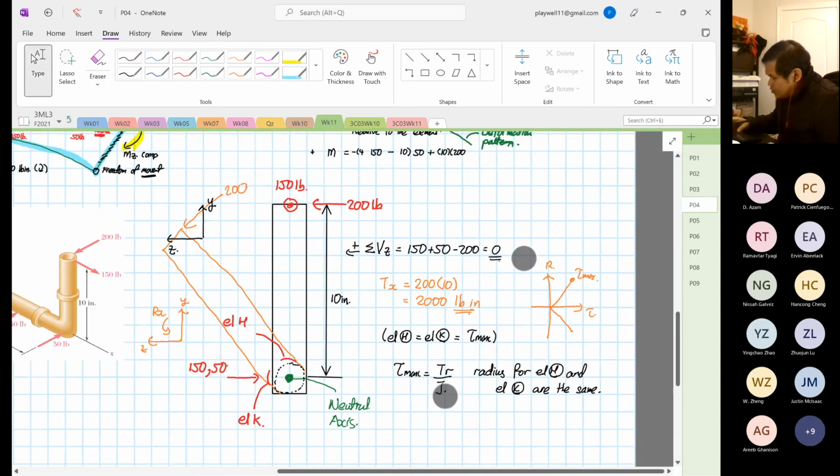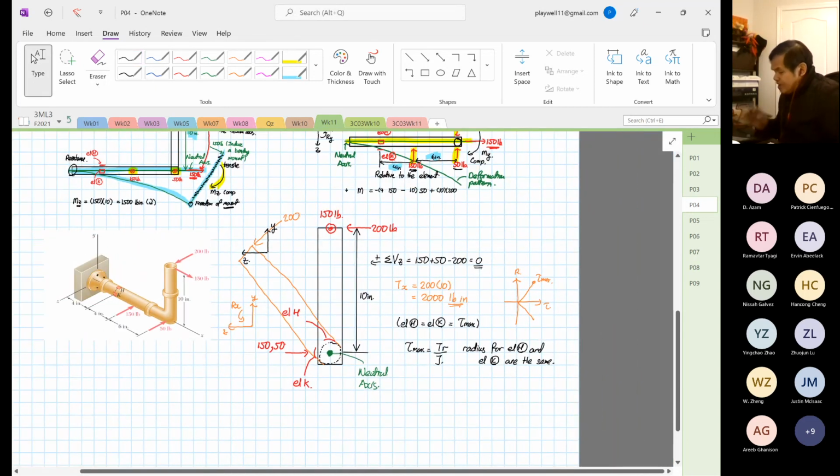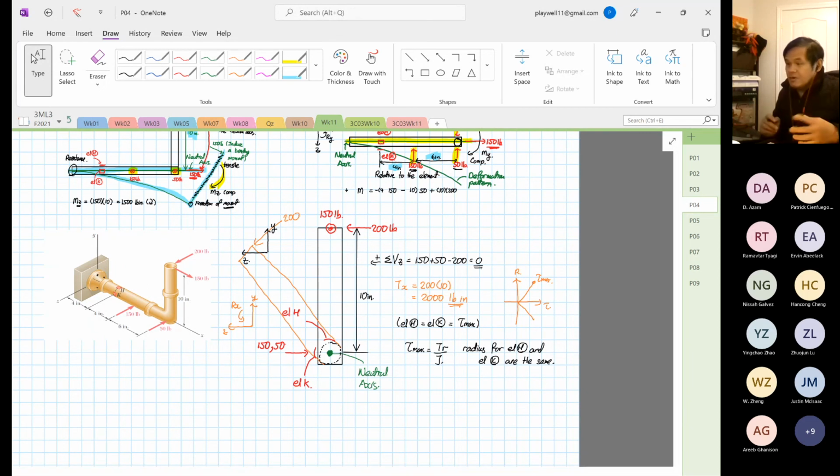Okay, so only if you get this right, then you can now construct your what element. If you get this wrong, that is why this topic is so critical. Okay, this topic is so critical in this context. As in if you get it wrong, your answer, it's a snowball effect. Okay, you're wasting your time.